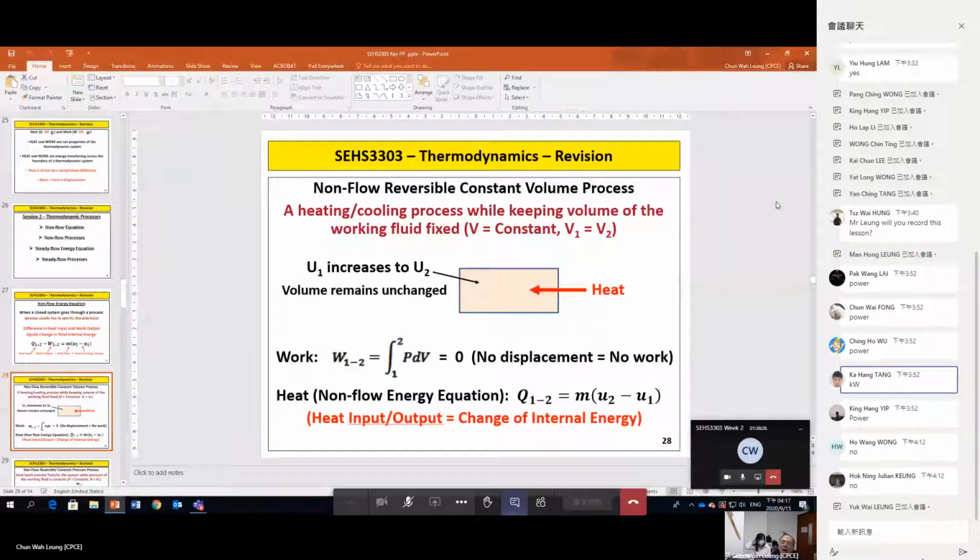Then, how to solve? First, the work done of this kind of process. We normally start from the work done, because we have another very simple equation to solve the work done of a non-flow system, non-flow process.